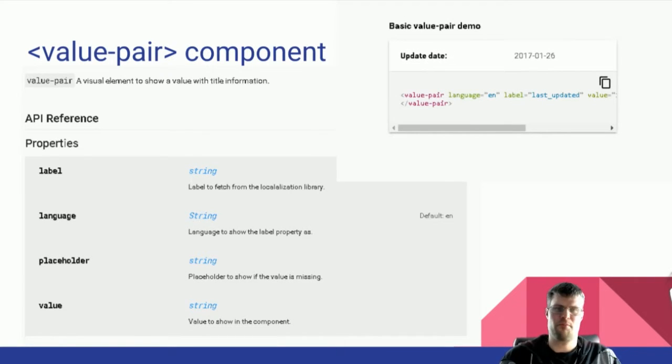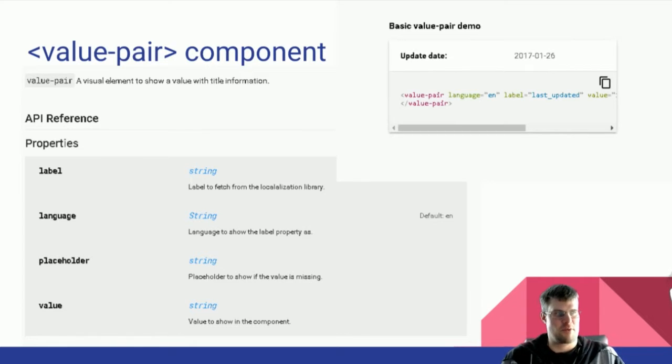So that's quite good to have as well if you want to have something to start from. So how does a component look then? We have this value pair component that I built. It's a very basic component. As you see up on the right in this picture, you have the update date and an actual date. That's the visual demo of my component, and underneath you see the tag that will make that component display this value.